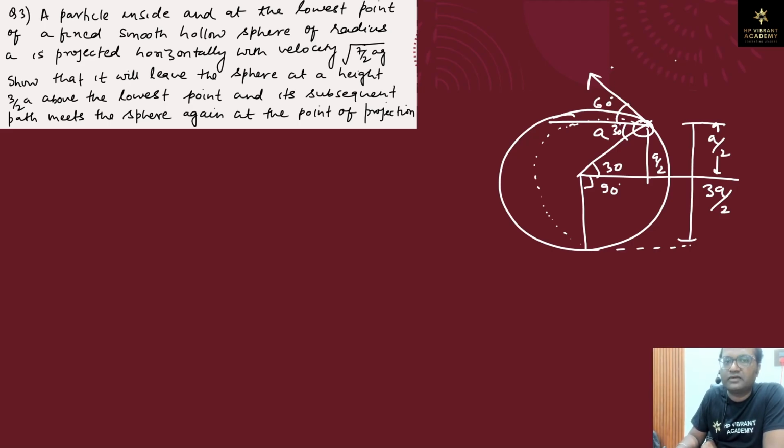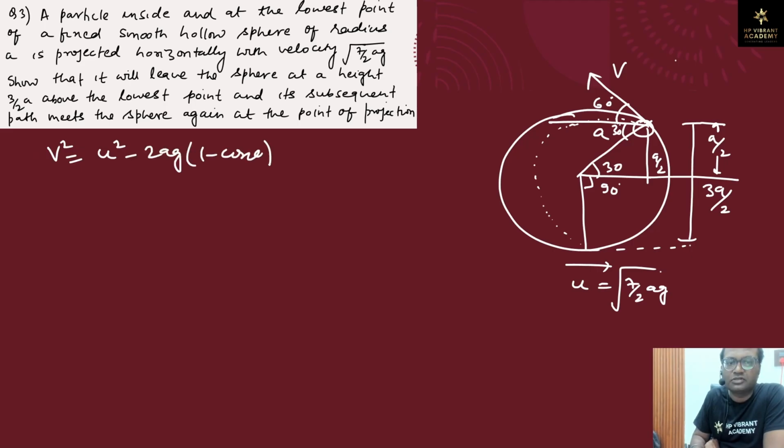Now let us find the velocity v at an angle of 120 degree. The initial velocity u squared is 7 ag upon 2. Okay, so we have v square is equal to u square minus 2 ag into 1 minus cos theta. So v square is equal to 7 ag upon 2 minus 2 ag into 1 minus cos of 120 degree.